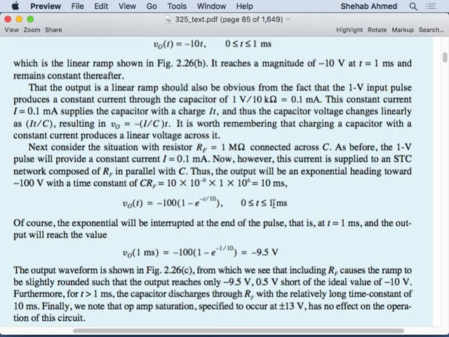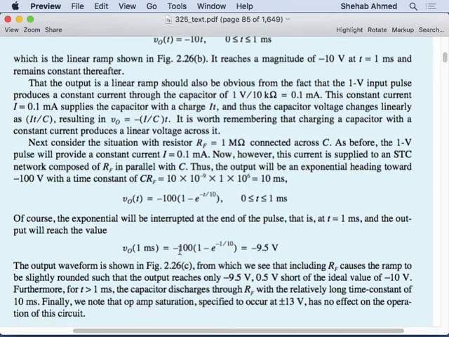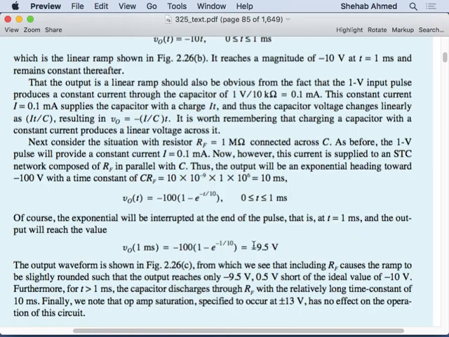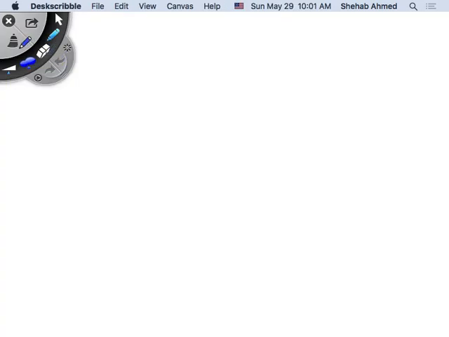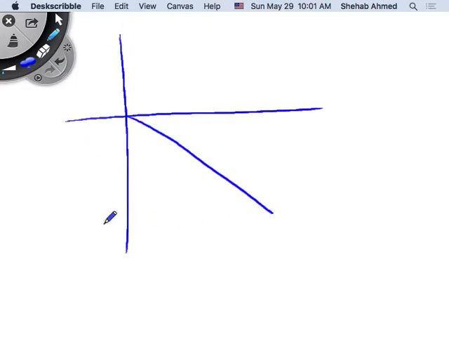If you substitute t equals 1 millisecond, the output will be minus 9.5. If you're okay with this equation, it's just a direct substitution. So it reached minus 9.5. It was minus 10 at 1 millisecond.